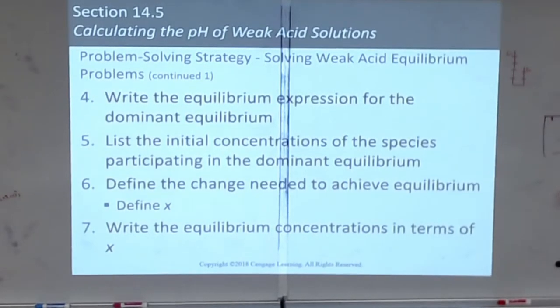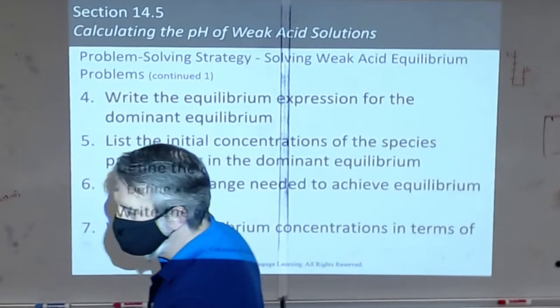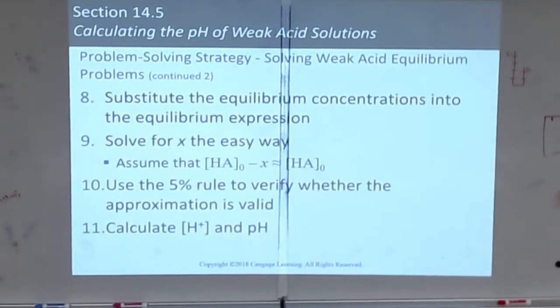If we had 1 times 10 to the minus 10th hydrochloric acid, the pH is still going to be 7. Okay? All right. We're going to define the changes, set up X, set up our RICE tables, just like we've been doing. We're going to substitute equilibrium expressions in. For weak acids, this is an assumption we get to automatically make so that we can avoid using the quadratic. We're just going to practice avoiding the quadratic.